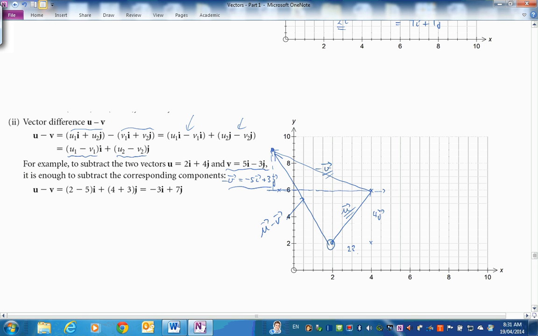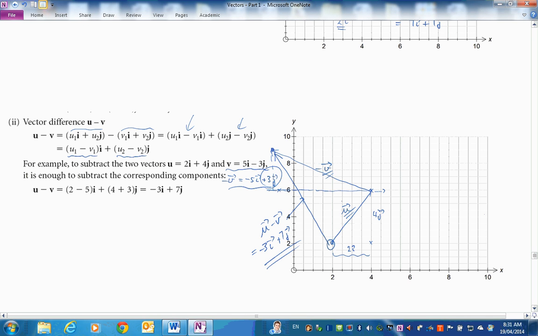Well, I went 2i and then back 5i, so we're over here at negative 3i off the scale, and look at that, so back here 3i, and then how far up have we gone? We've gone 4 and then another 3j, that's 7j. Okay, so it's negative 3i plus 7j coming out that way.